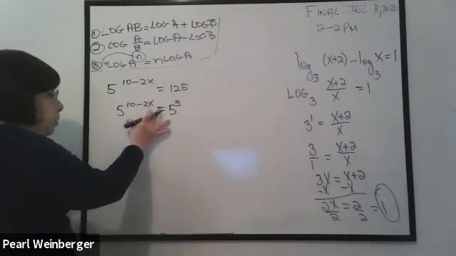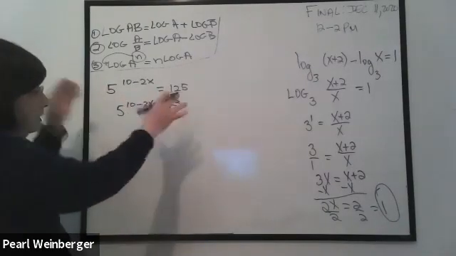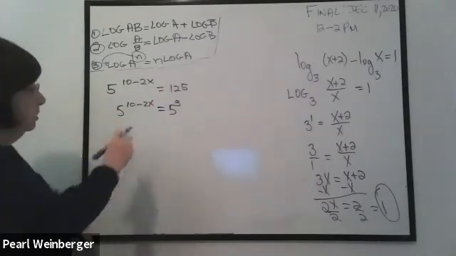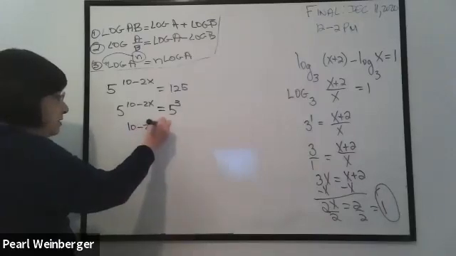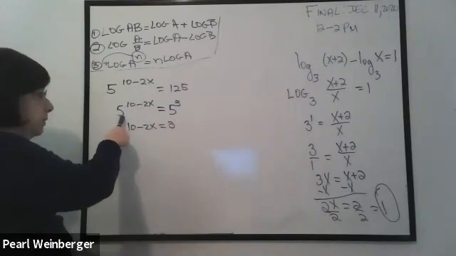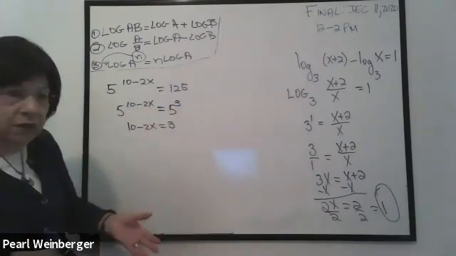Once you have both sides written in terms of the same base, you can ignore the base and just work with the exponents. The exponent 10 minus 2x has to equal the exponent 3, because if the two bases are the same, their exponents have to be the same as well.